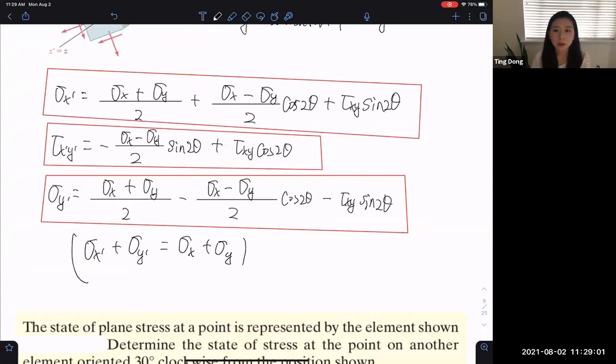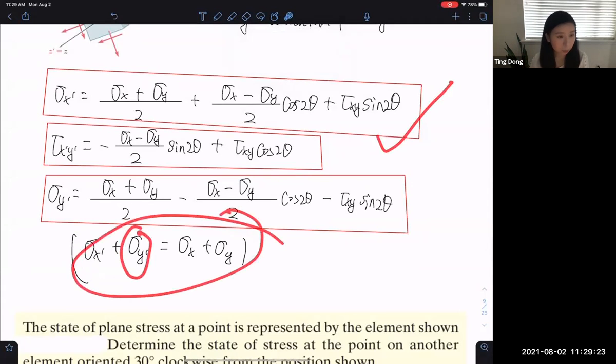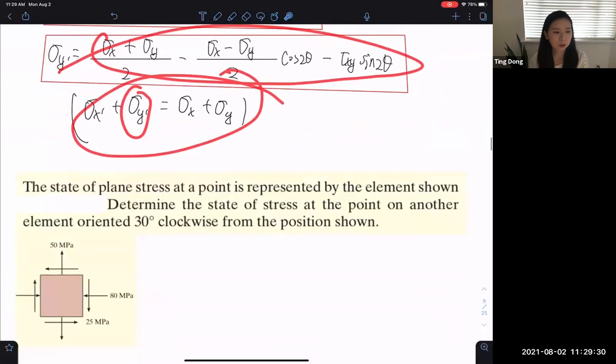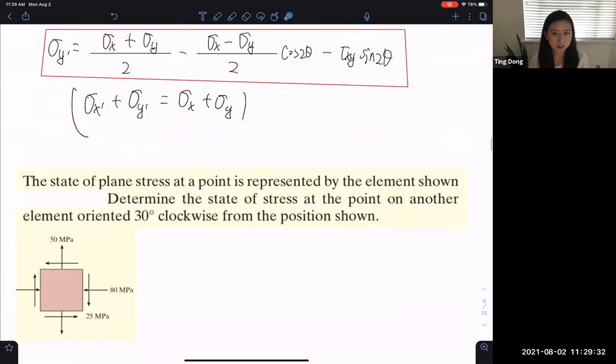This means that no matter how you rotate the element, the sum of the normal stresses on the two planes is constant. So to save time in the exam, if you want to use the equation method, you can calculate sigma x prime, and then use this property to calculate sigma y prime, right? Then you save time using the equation. That's all the trick.